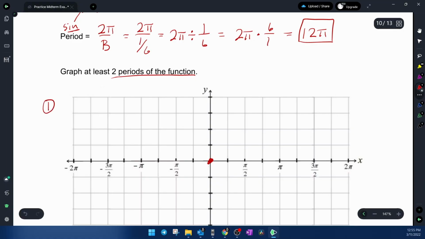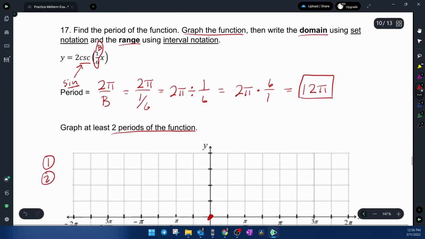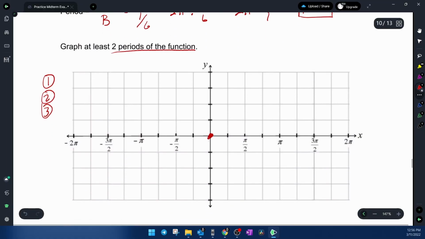Okay, so again, the 6 steps to do the sine function: starting point. Sine starts at the origin. Step number 2 is phase shift. Notice we don't have a value of c, so there is no phase shift, but you have to consider that. Step number 3 is the wavelength, which is the period.